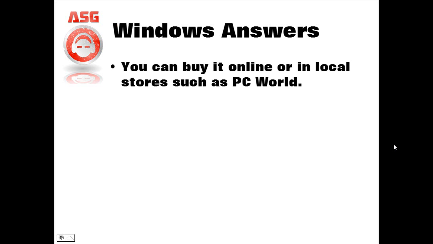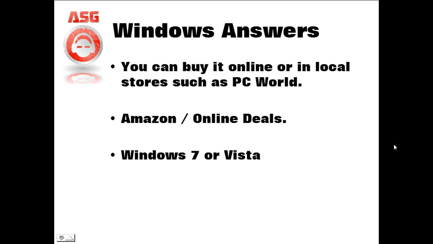You can buy it online or in local stores such as PC World, and most people buy it from Amazon, or if they get it cheap they buy it for online deals or deals in store. I would prefer to go with Windows 7, but you can also go for Vista, and the prices vary from around £70 to £130.